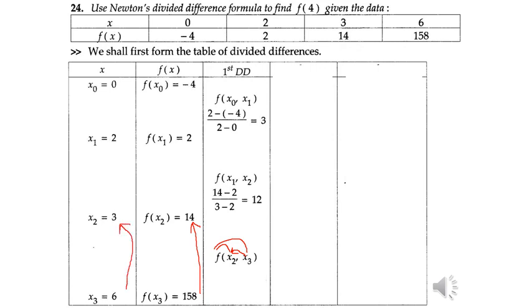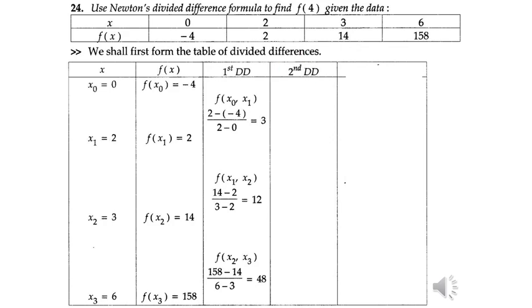So this is the first divided difference column. Now let us go for the second divided difference column.